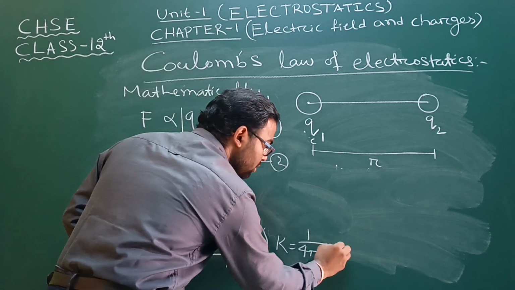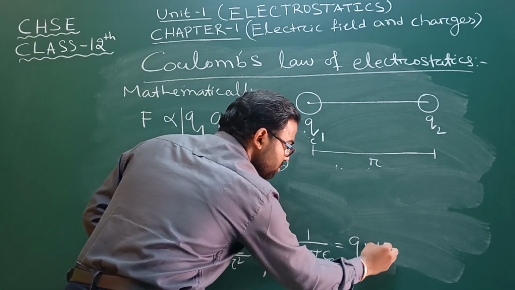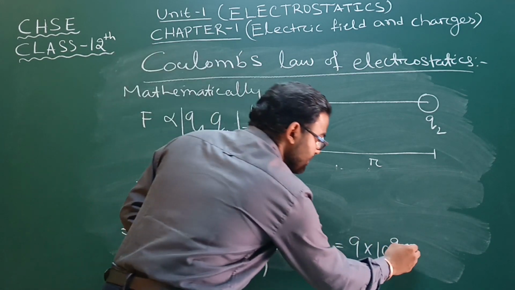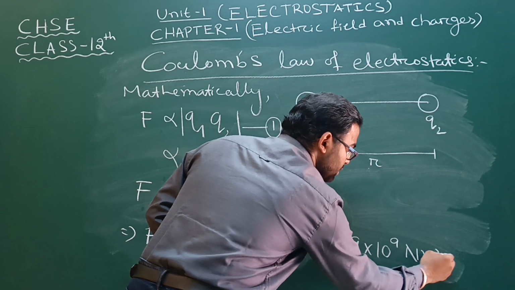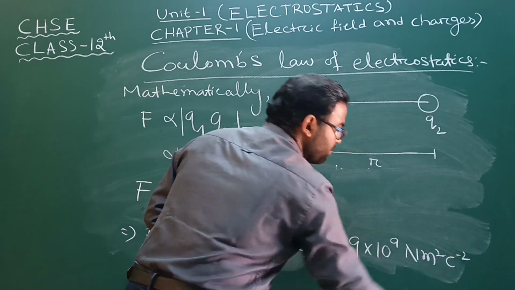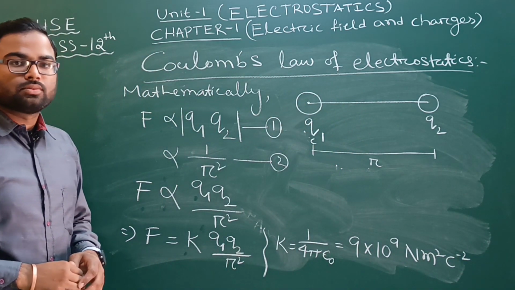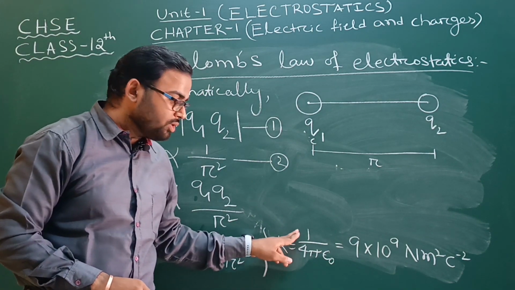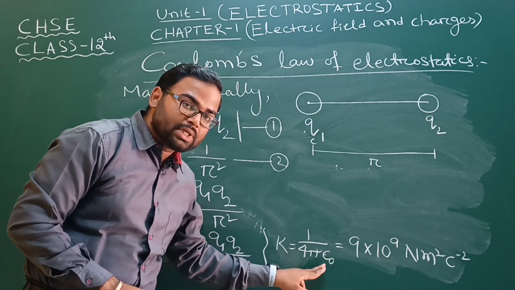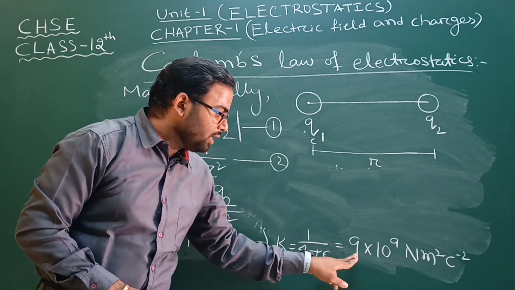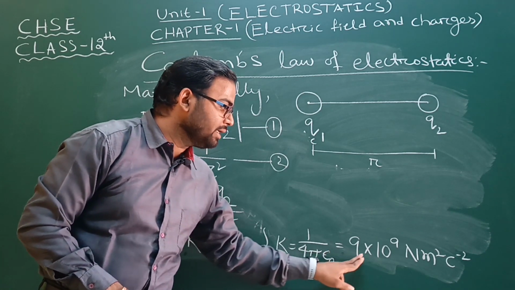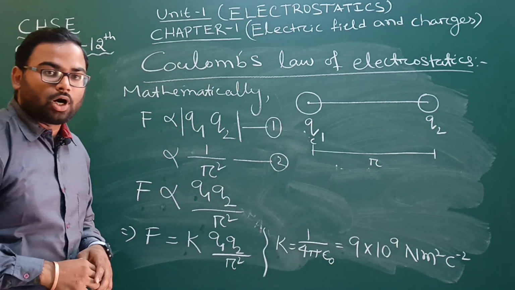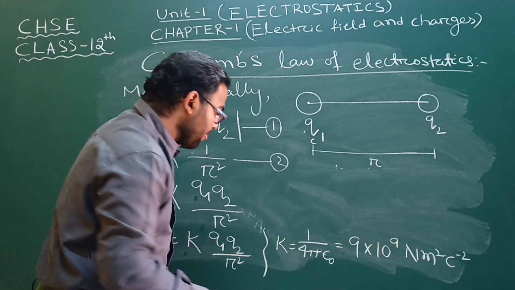The value of K is 9 into 10 to the power 9 Newton meter square Coulomb to the power minus 2.